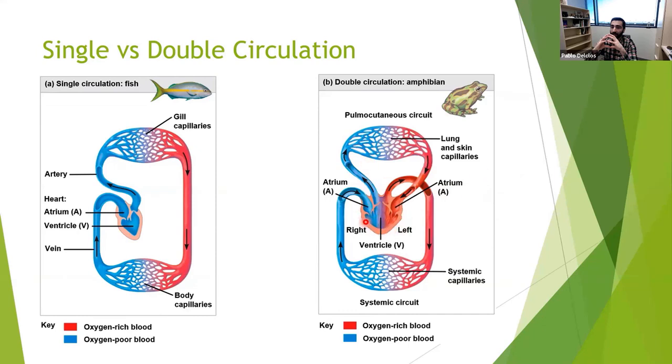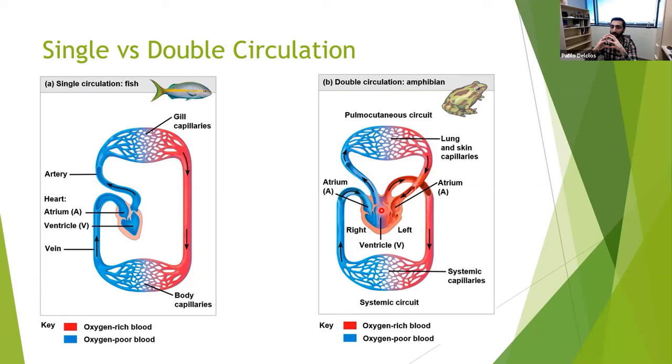So as you can see, in the heart of a double circulation system, you get both oxygen-poor and oxygen-rich blood entering the system. This is showing a frog, but it's the same in other animals.